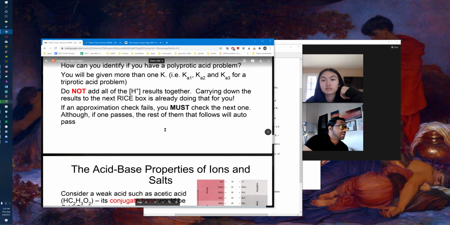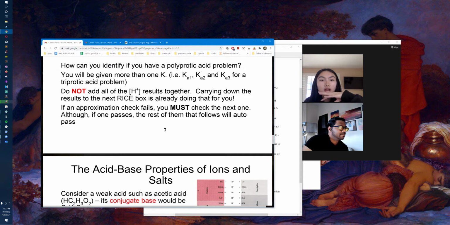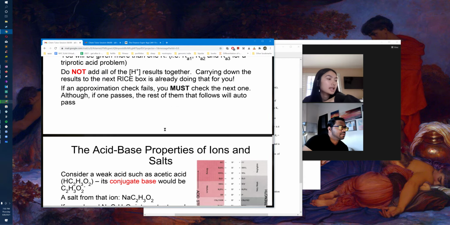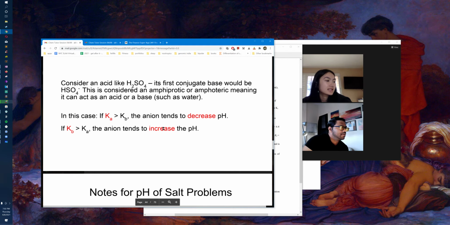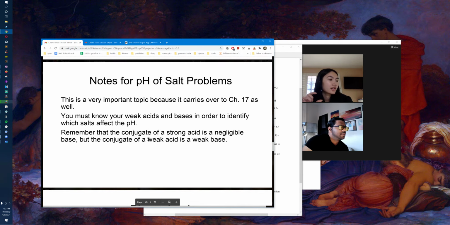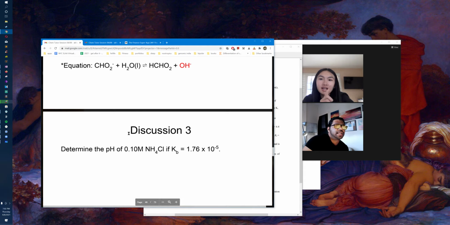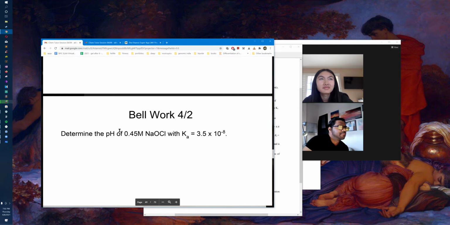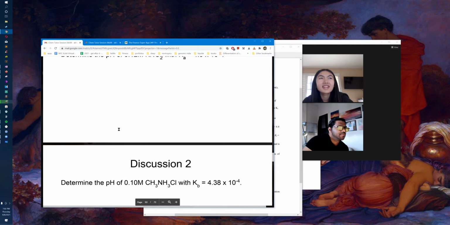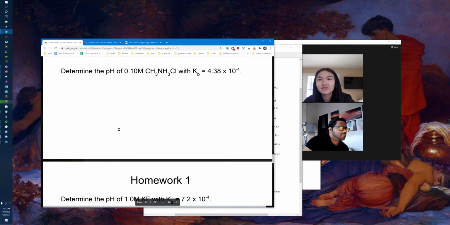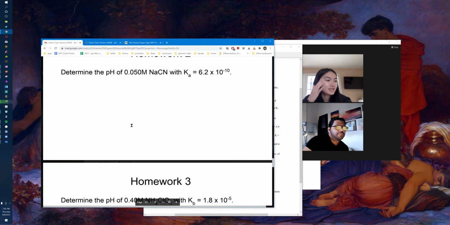So wait, what is this RICE box stuff? It's like setting up the reaction at the top, and then you have the concentration. Oh wait, initial, change, and equilibrium? Is that what the ICE part stands for? Yeah, I think so. I don't remember what the acronym is.